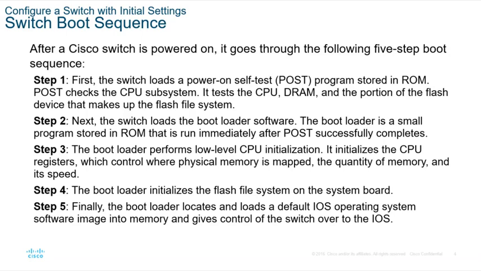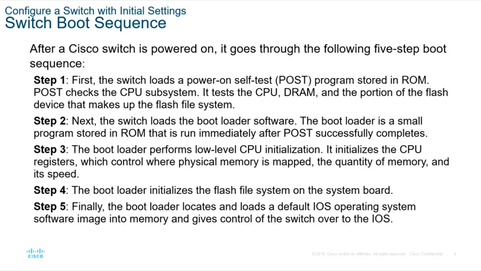Step number 2, the switch loads what is called the bootloader software. The bootloader software is a small program stored in ROM that is run immediately after the power-on self-test successfully completes. Step number 3, the bootloader performs low-level CPU initialization.